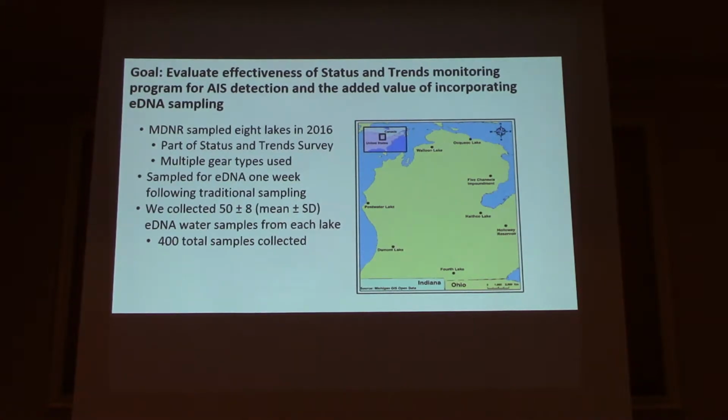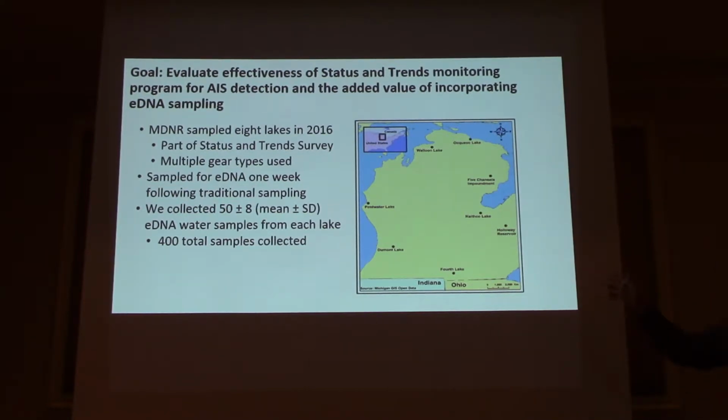So the goal here was to evaluate the effectiveness of the status and trend survey to monitor for aquatic invasive species and assess if there's an added value to adding an eDNA component to this. So Michigan randomly samples lakes of different size classes throughout the state each year.